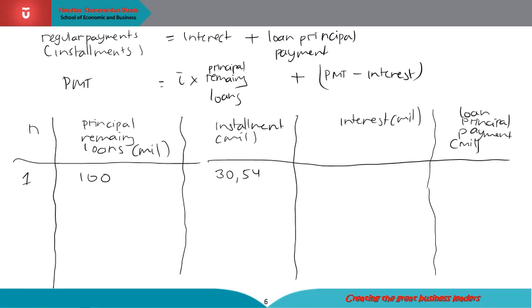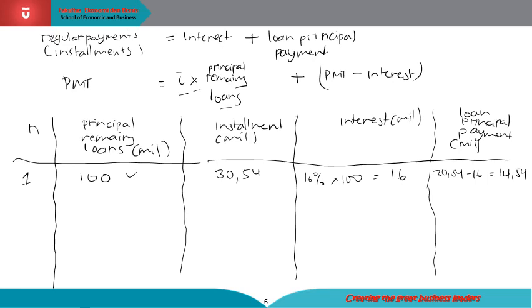Now the interest comes from i times the principal remaining loan. It means 16% out of 100 here. So that will be 16. And the loan principal payment is 30.54 minus 16, which is 14.54.